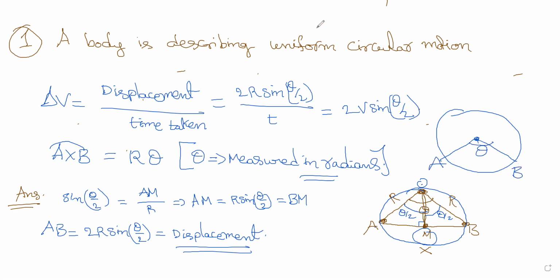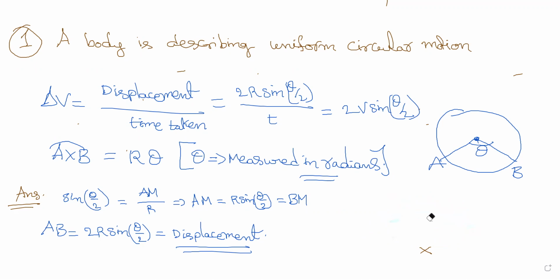Not this. Not this. For this condition, this is R, this is R, this is arc AXB, and this is theta. Clear? Arc AXB is R into theta. That is the arc length. This is the displacement. Hope this is clear, how to derive this.